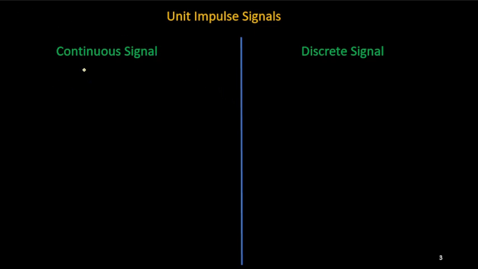In continuous time signal, this unit impulse signal is denoted by the delta symbol, del of t, continuous time, and it is specifically called Dirac delta. We will discuss the discrete version of this one later on.